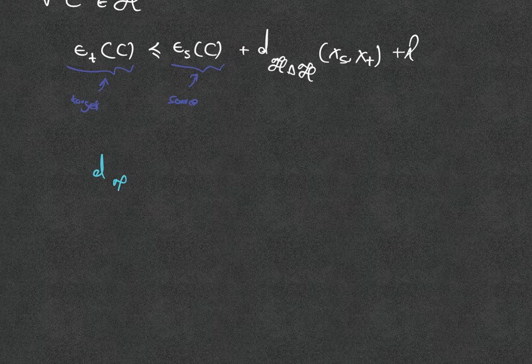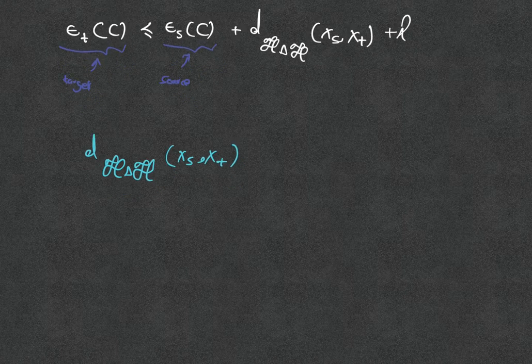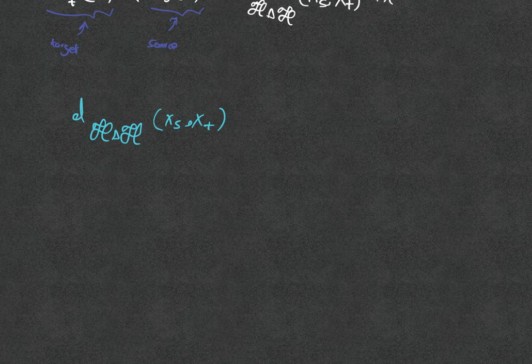Now this distance here, which is measured for source and target domains, is defined like this. For any two hypotheses in H, you want to find the supremum of this value. Let me first write it.